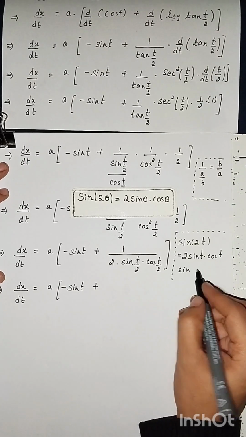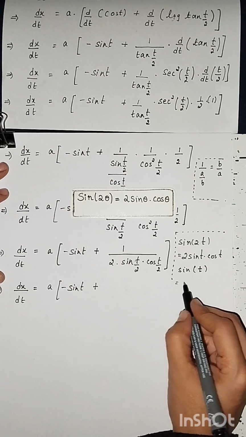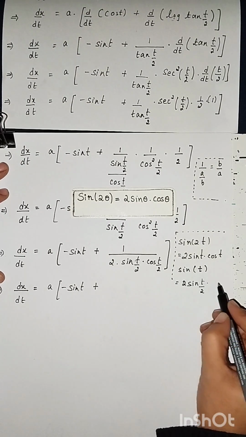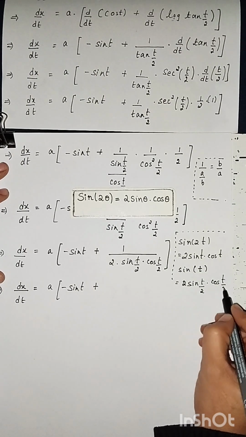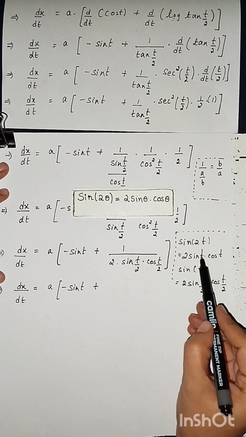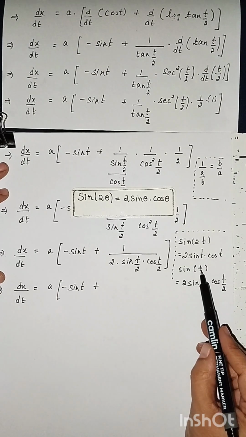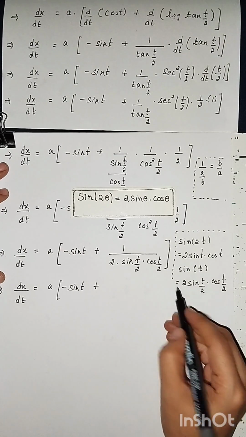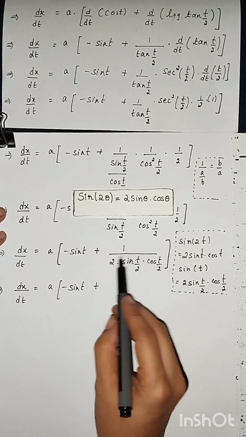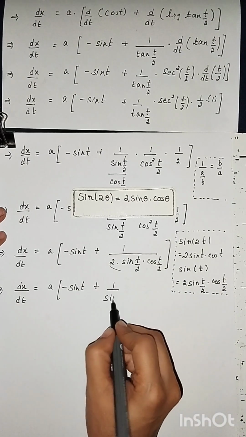Now half angle formula, so when you have just t, you will write 2 sin, the angle will become half, right, into cos t by 2. So here you have 2t, it will become half. Half of 2 is 1, so you'll just get 1. And here if you have 1, it will become half. So half of 1 is half, right? So now the entire thing can be replaced by sin t. So we will write 1 by sin t.